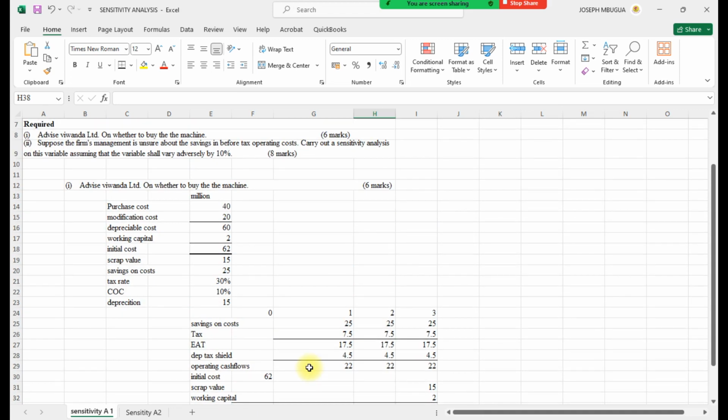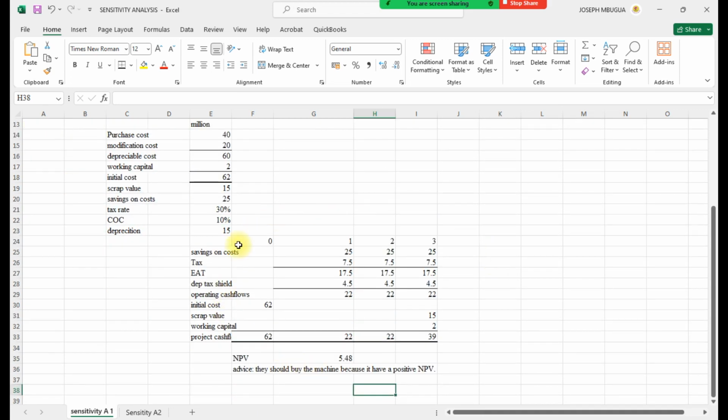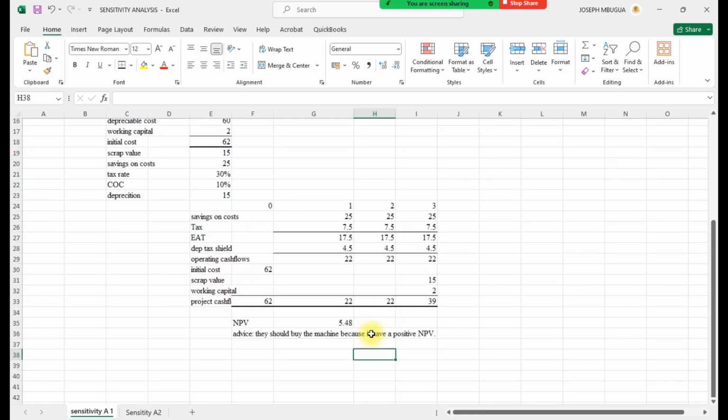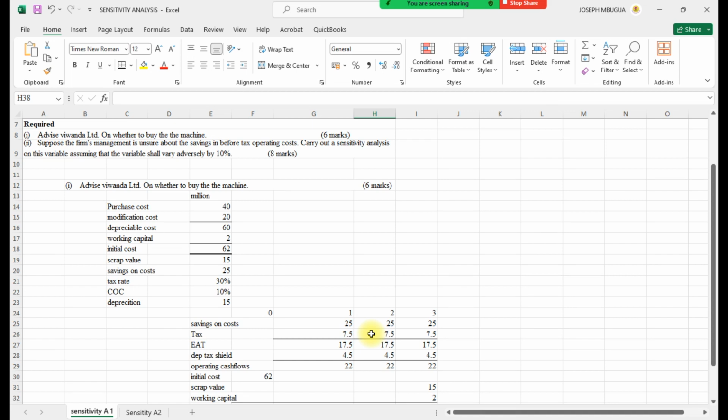So the second part is the sensitivity analysis. This one is what we call the base, whereby we have assumed everything will remain as planned. For the second part, we are told, suppose the firm's management is unsure about the savings in before tax operating cost.